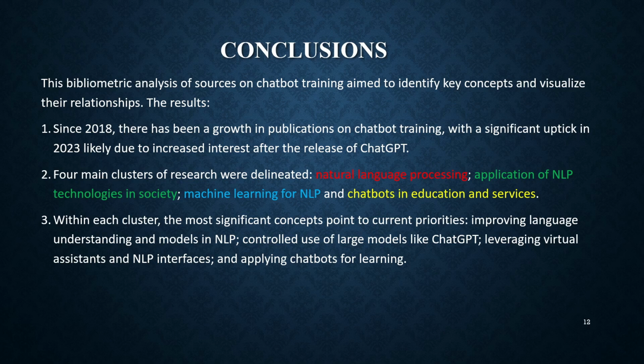Third, within each cluster, the most significant concepts point to current priorities: improving language understanding and models in NLP, controlled use of large models like GPT, leveraging virtual assistants and NLP interfaces, and applying chatbots for learning. In summary, this analysis has systematically delineated the conceptual landscape around chatbot training, while revealing growth trends and research priorities.